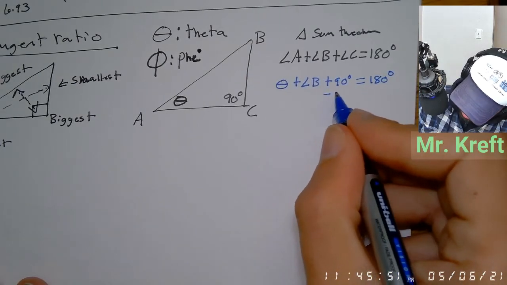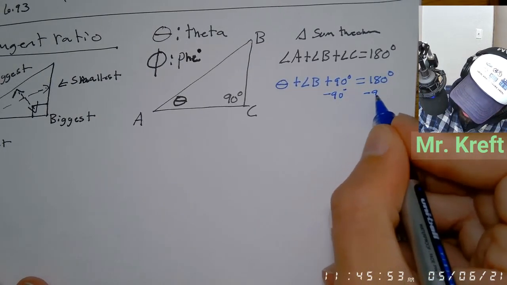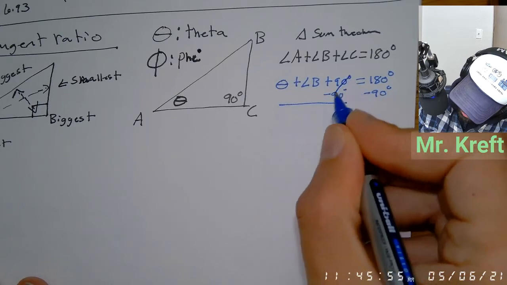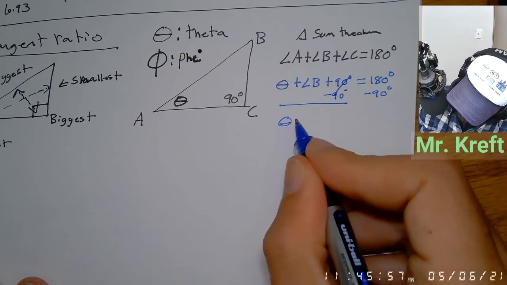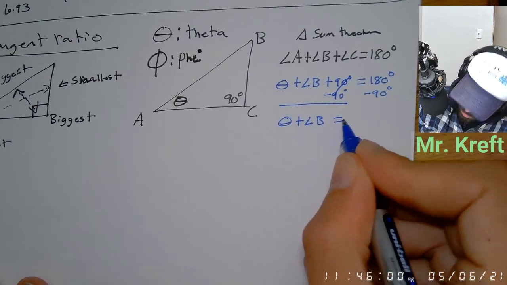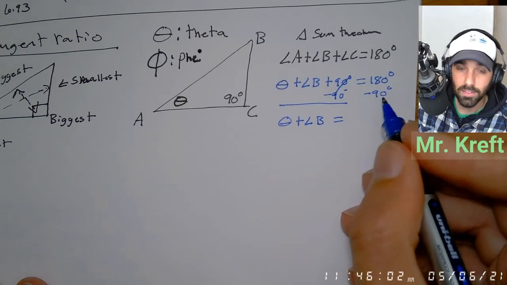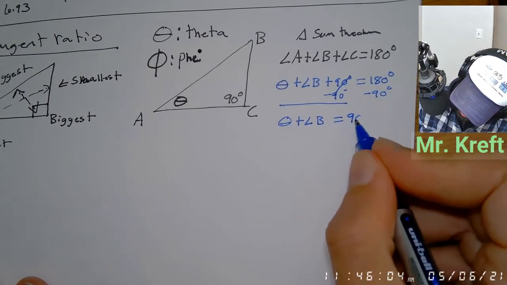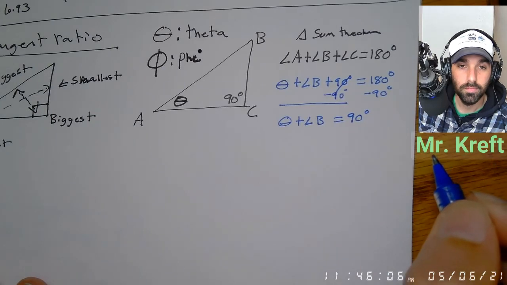I'm going to subtract 90 from both sides. When I do that, I get theta plus angle B equals, well, 180 minus 90 is 90.